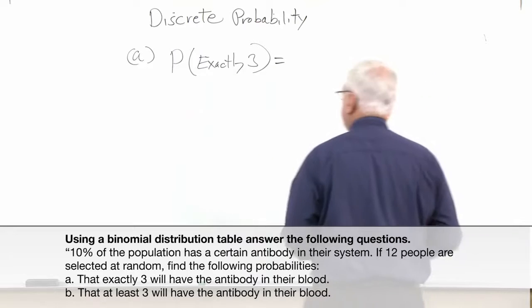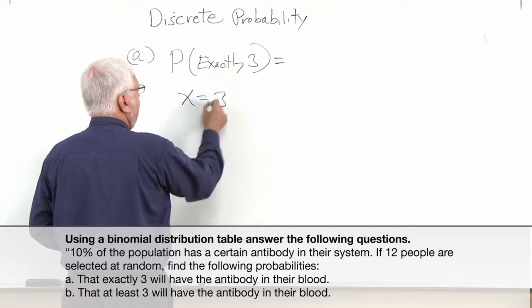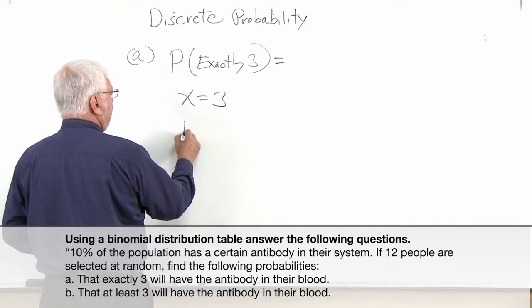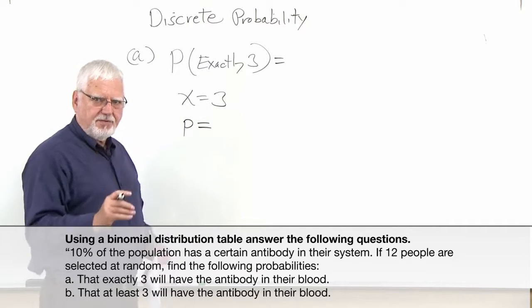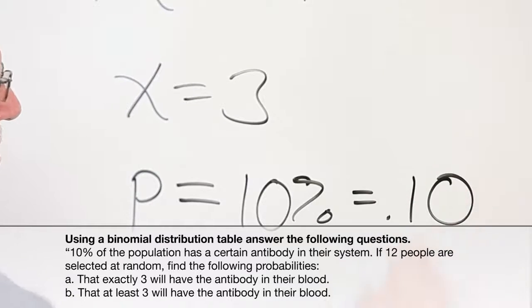Well, x is going to have to be the 3 because we want exactly 3 to have that antibody in their system. What's the probability of success? That's the p. If 10% have it, then that is your success rate, 10%, which is equal to 0.10.